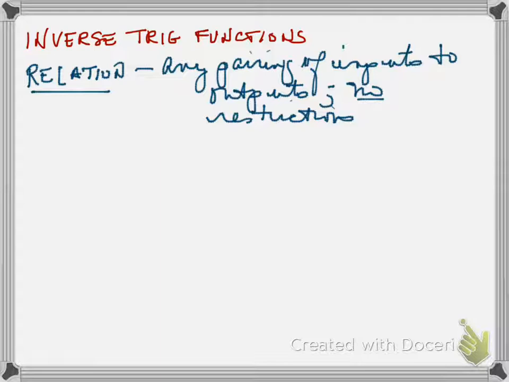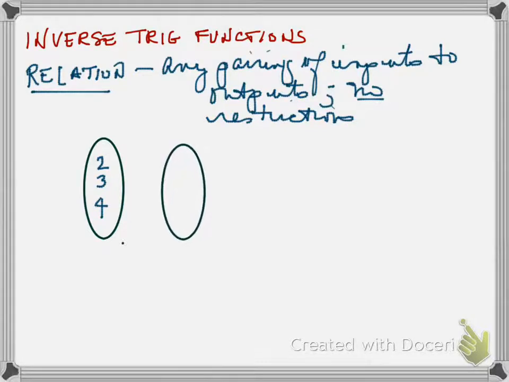Here is an example of a relation. We could take a set of inputs, and in this set we could put the numbers 2, 3, and 4, and we compare them with a set of outputs. We'll put 7, 8, and 9 in this set.